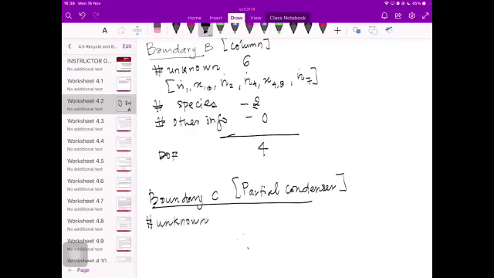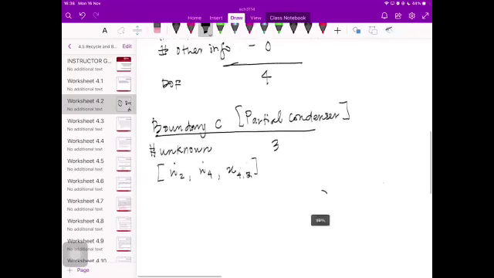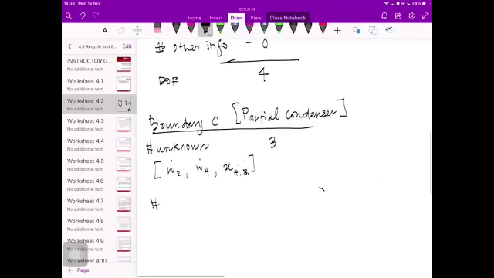Let us list it down. We have N2 and we have N4. We have X4B, right? So there are 3 unknowns. How many species or how many compounds are we working with?